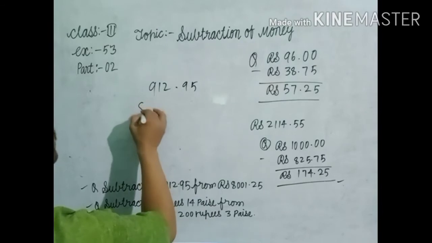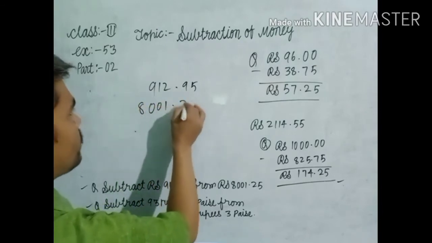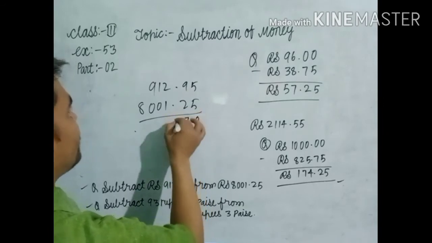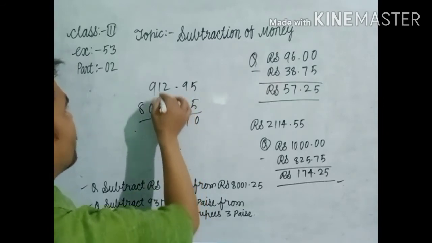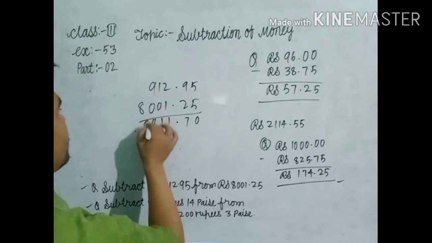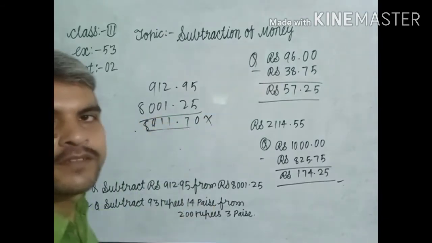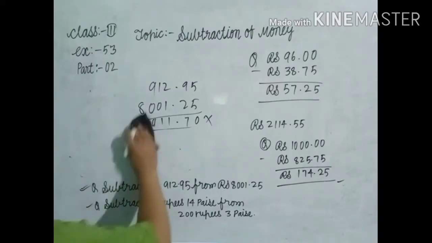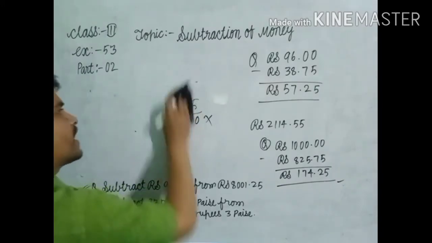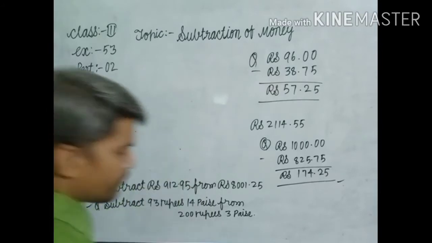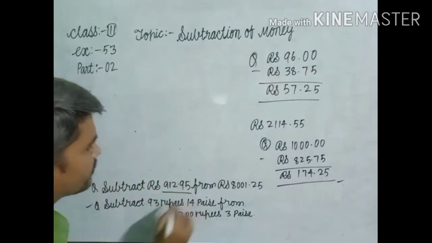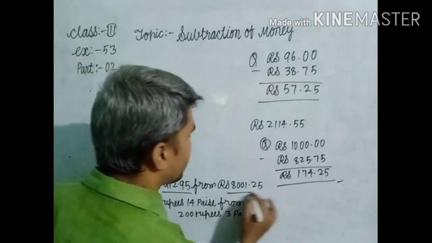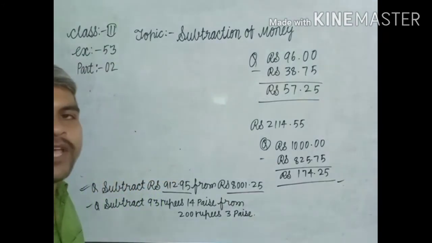Some students write down 912.95 and 8001.25, and here 0, here 7, and 2 minus 1 is 1, 9 and 8. This is completely wrong. Do not write in this way. You must first ask which number is greater. Here Rs 912.95, but here 8001.25.